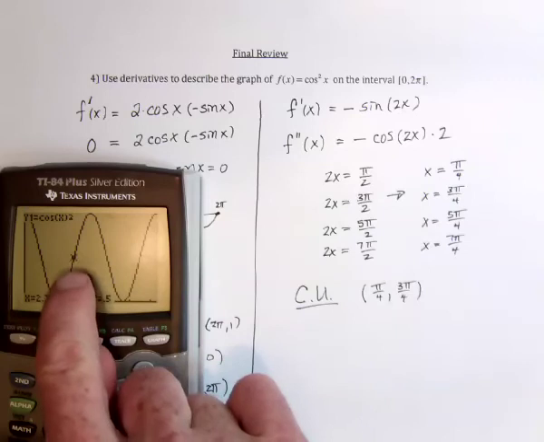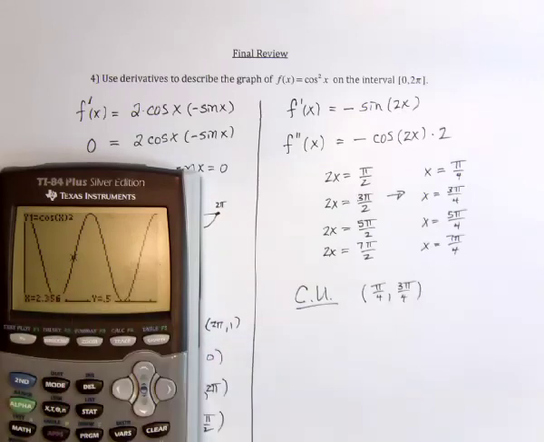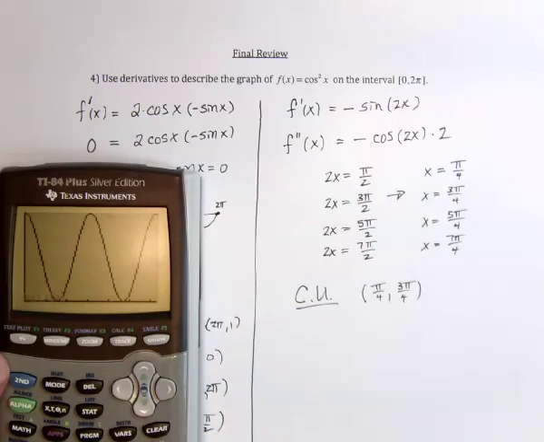And the next would be, so from here to here, so this would be 5 pi divided by 4 to 7 pi divided by 4.